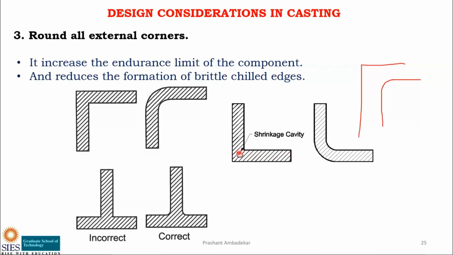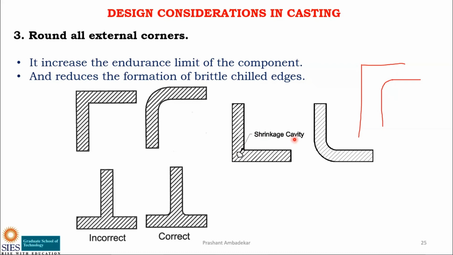Now here the area is maximum, since it is a tapered, inclined surface. If I see this cross section, the area is maximum. Since the area is maximum, it will take more time to solidify as compared to this or this area. If it takes more time to solidify here, what will happen?